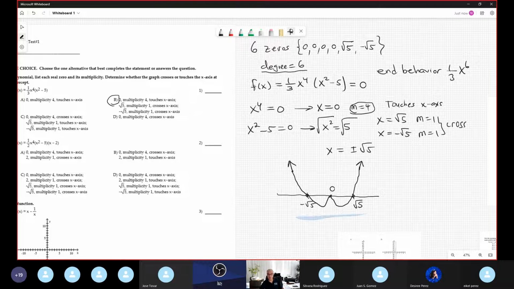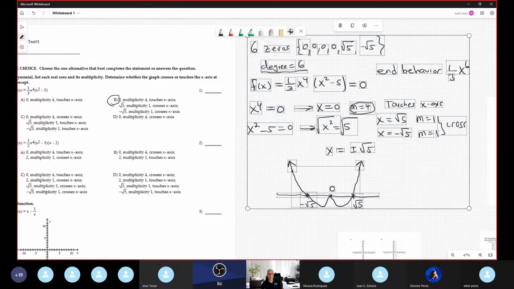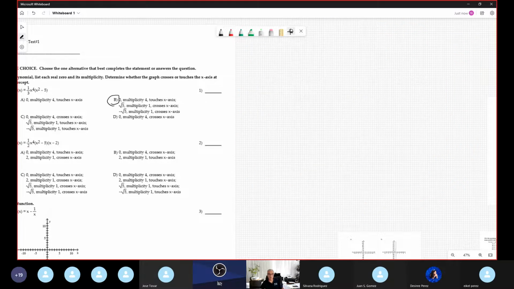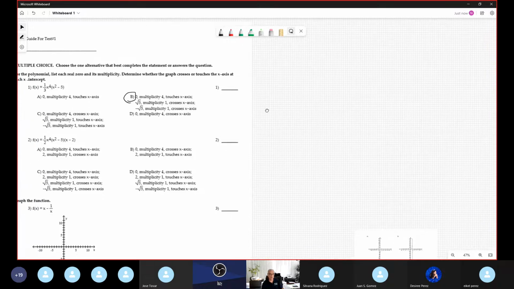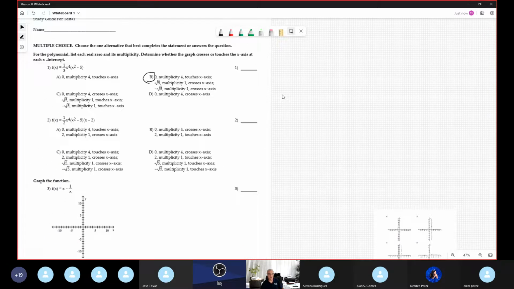We move on to the second question. The second question is simple. The review repeats and repeats, but it's important to repeat. Okay, you have a polynomial function. The coefficient is 1/2 x to the 4th power, and we have x squared minus 5, times x minus 2.